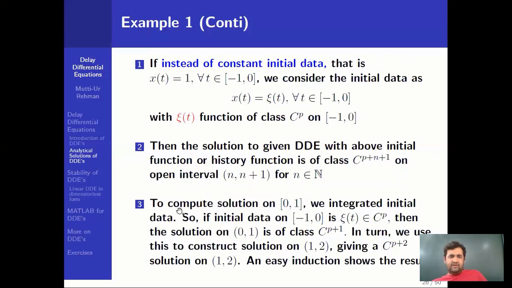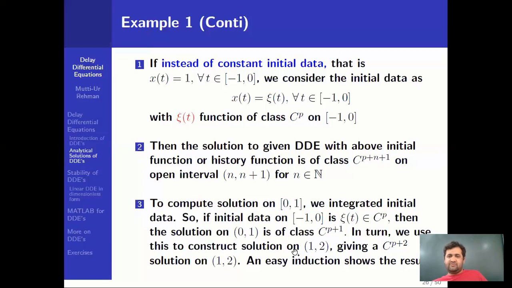Okay, so in order to compute a solution on, let's say, a closed interval, 0 to 1, we take the initial datum on this interval, your history function of class, let's say, this guy. Then your solution on this open interval will be of class basically p plus 1.